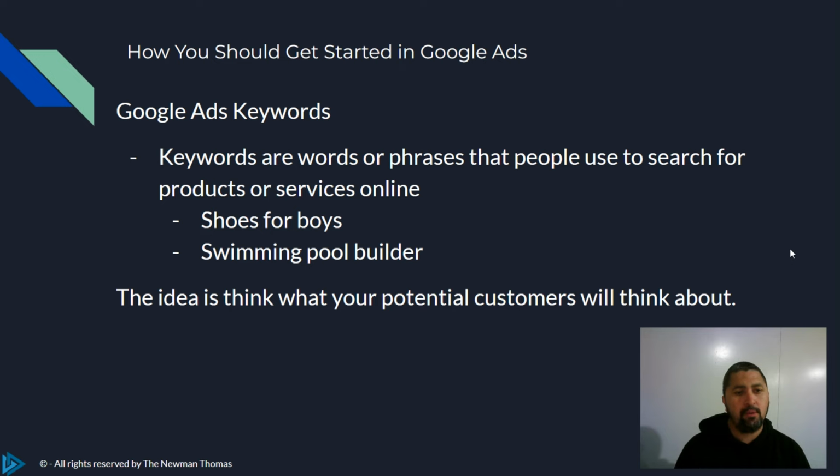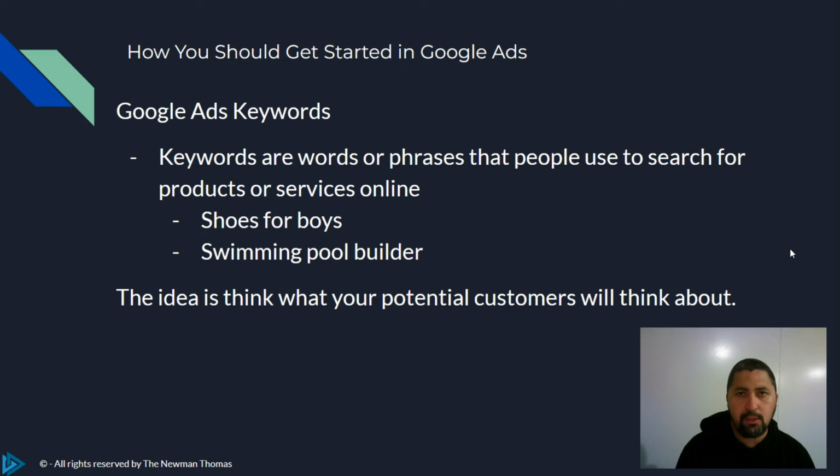Or I want someone to build my swimming pool, so I would go to Google and type in "swimming pool builder." These are what are called keywords, which you add onto your Google search campaign type. So when people type in these keywords, your advertising will display to them.